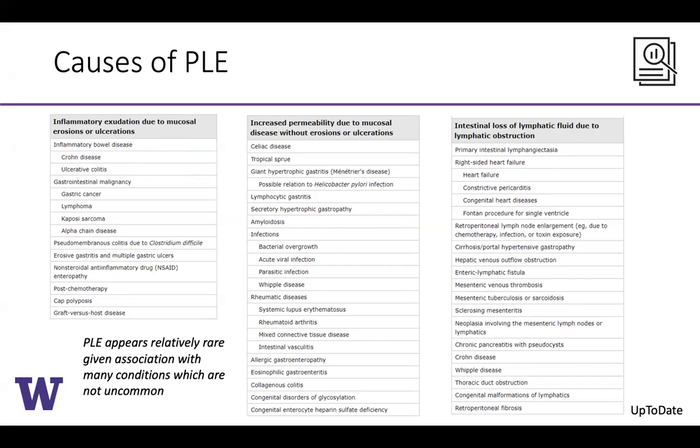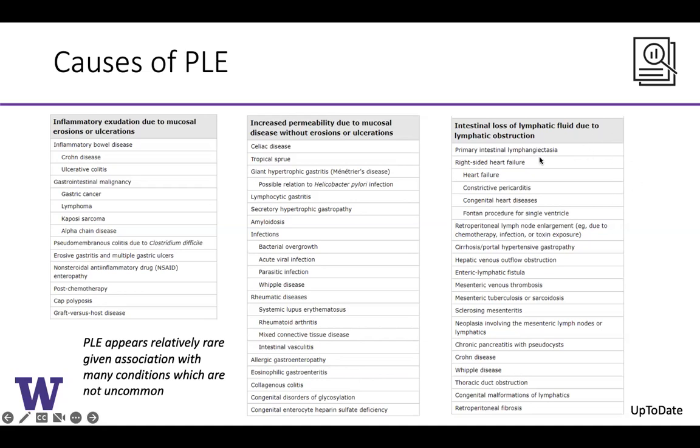And those are long lists of conditions. Notably, inflammatory bowel disease can lead to this through more than one mechanism, as can gastric malignancy, but also things like celiac disease or lupus or eosinophilic gastroenteritis.